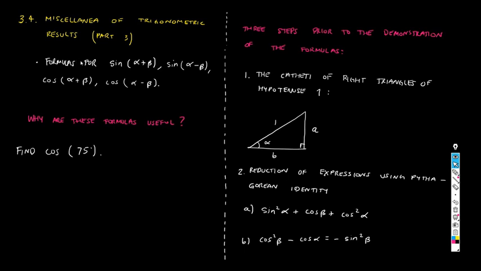We're going to discover and demonstrate, as almost always, the formulas for the sine of an addition of two angles, sine of alpha plus beta, the sine of a subtraction or difference of two angles, sine of alpha minus beta, and also cosine of alpha plus beta and cosine of alpha minus beta.